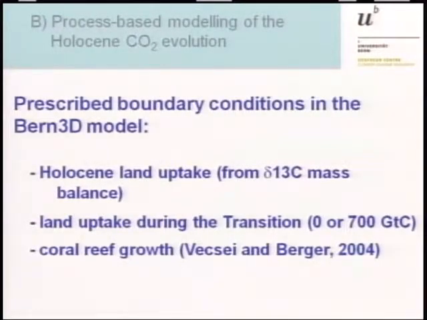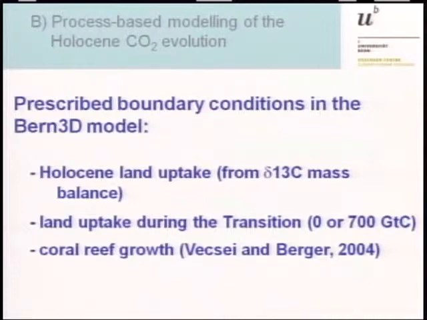To drive the model, we prescribe the following boundary conditions. First, the Holocene land uptake, as inferred from the delta C13 mass balance. Then we need to make some assumption about how much the land carbon grew during the transition. There are delta C13 isotope data from the deep ocean that suggest a considerable increase in the land carbon storage over the transition.